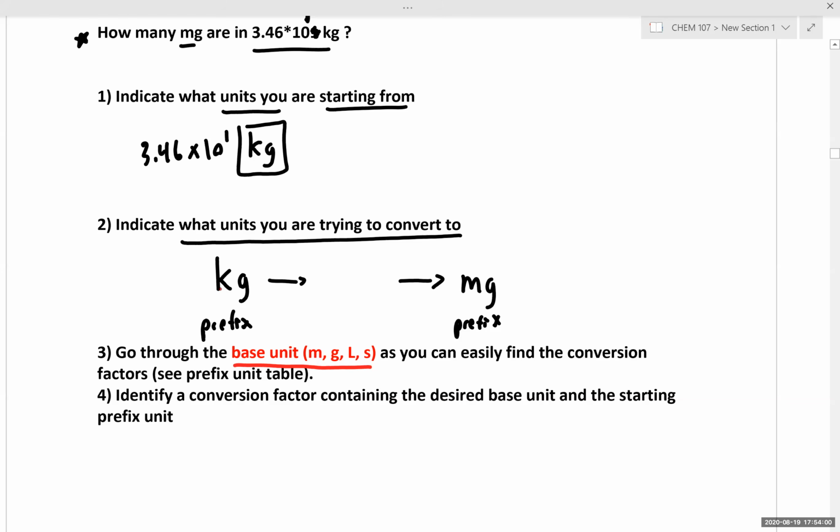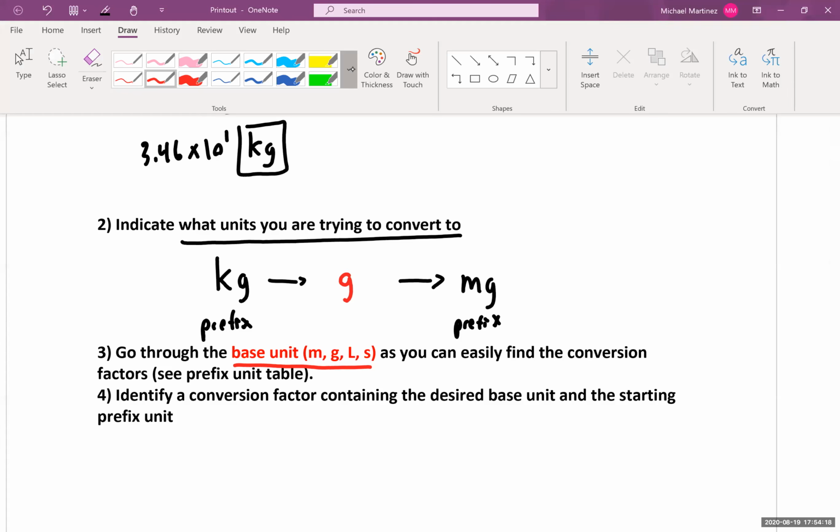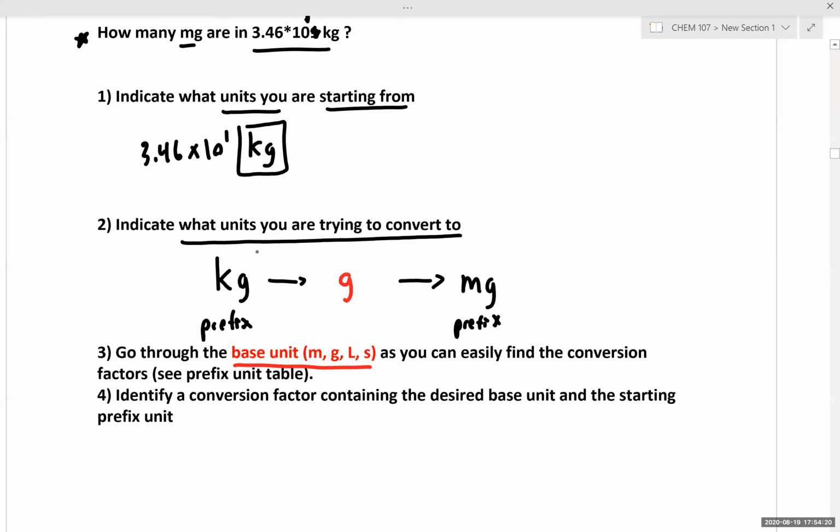What is the base unit shared between kilograms and milligrams? Grams, okay? So we're going to go from kilograms to grams to milligrams. This is what I like to call a solution map or a unit conversion map. We'll be using these a lot in the first half of this class.